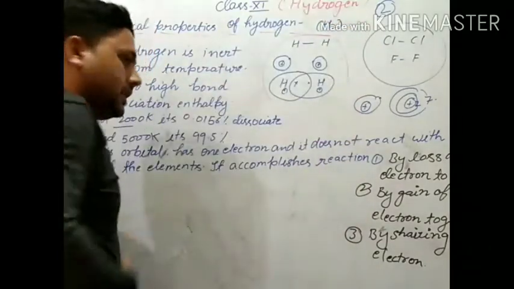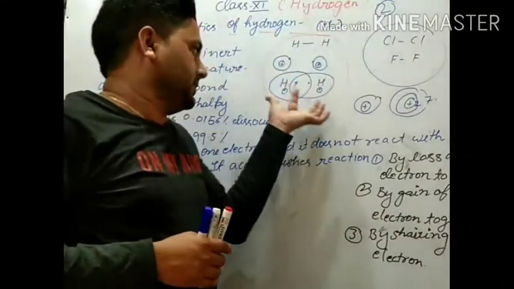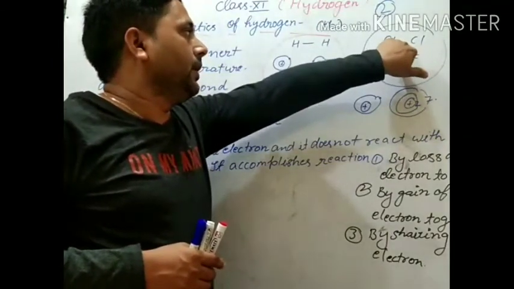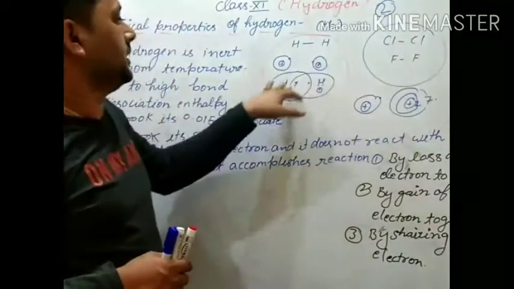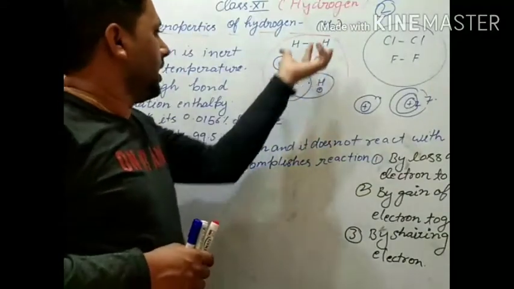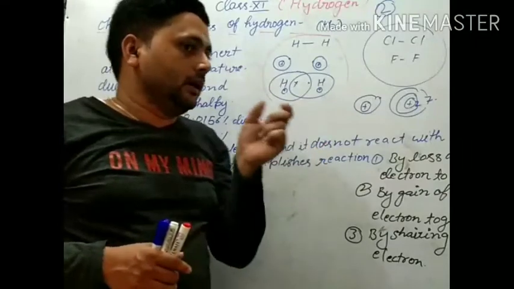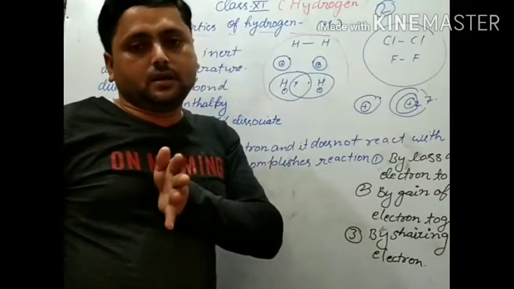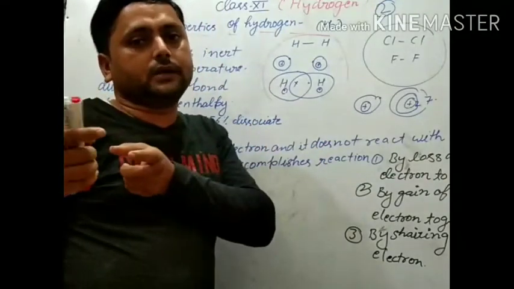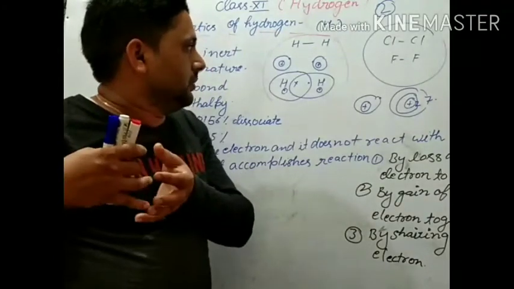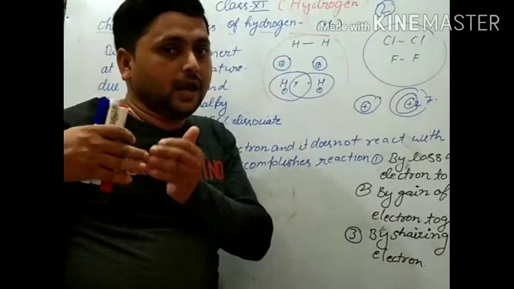If we compare the two single bonds, the bond dissociation enthalpy of chlorine is lesser than that of the hydrogen single bond. So bond dissociation enthalpy depends directly on attraction. If the nucleus is closer to the electron, it attracts more strongly. If the nucleus is a little farther, it will not attract as strongly.